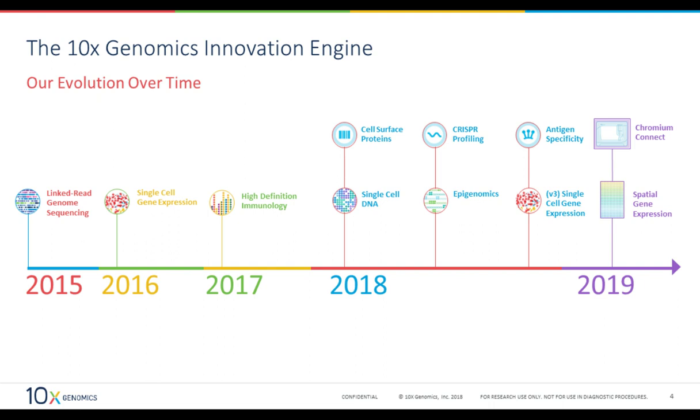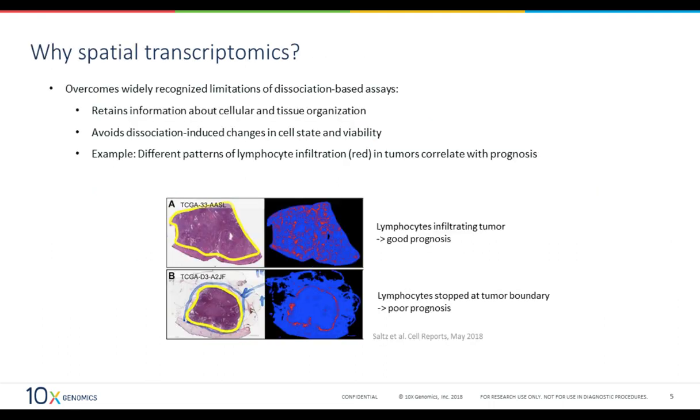And then, as I mentioned, very recently we moved slightly left field into spatial gene expression, taking cryostat sections and profiling what's happening on a molecular or gene expression level in the individual tissues.